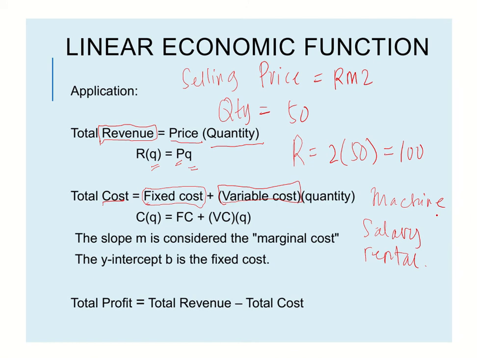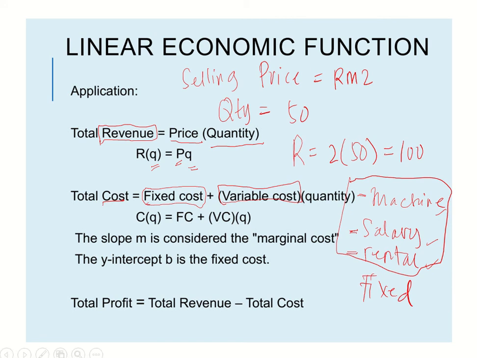All these things you must pay even if you don't have business. Let's say today is a public holiday and you do not have any business, but these are costs that you have already paid. You still have to pay for the machine, the salary for the workers, and the rental. So these are the costs that you must pay. We call this fixed cost.